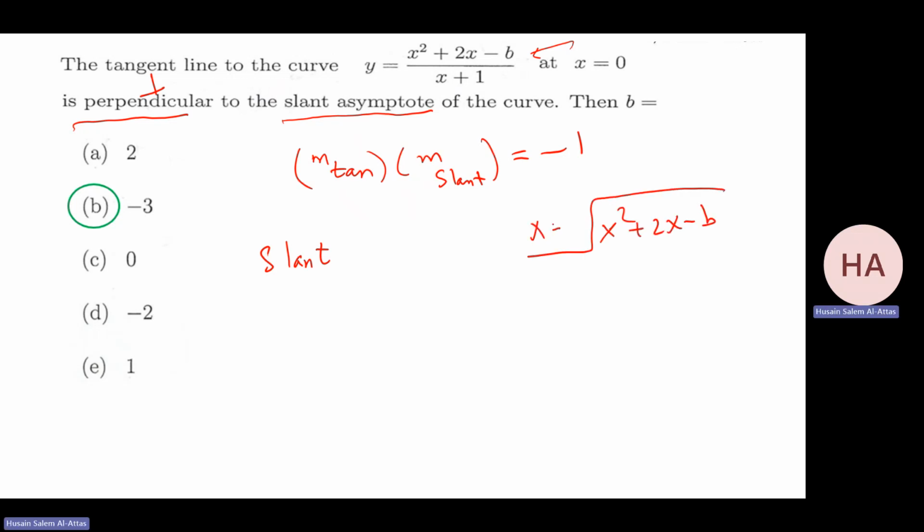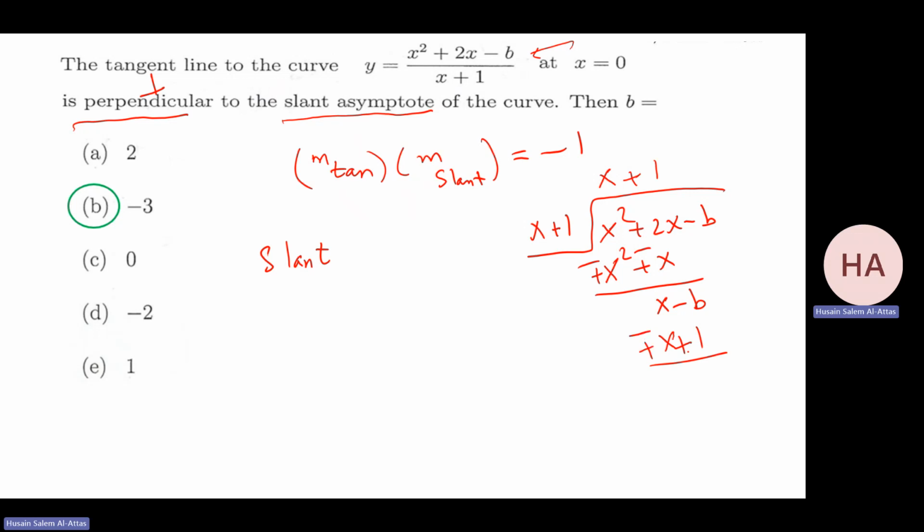Over x plus 1. That'll give me what? x times this will be x squared plus x. That will be plus, minus, minus. That will be x minus b. Divide, that will be plus 1. Multiply, you're getting x plus 1.